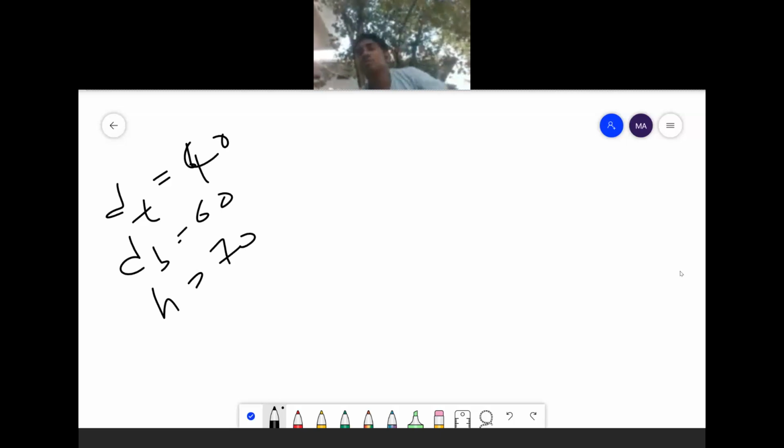So we are drawing the isometric projection of this frustum of a cone.